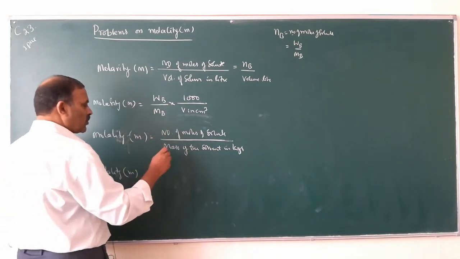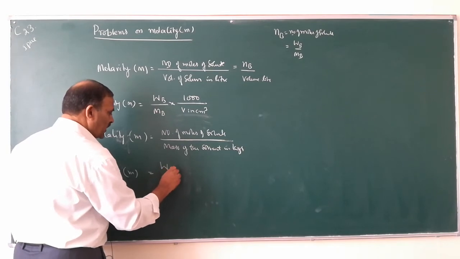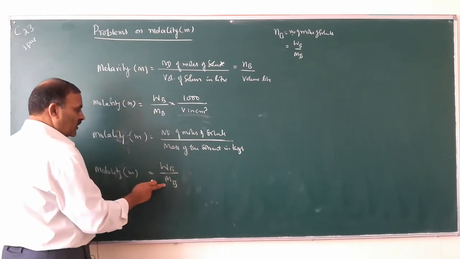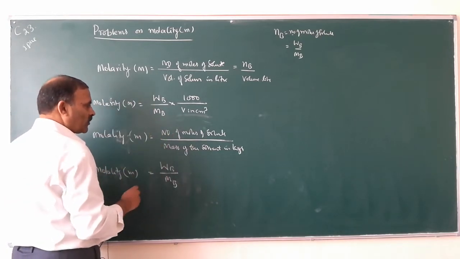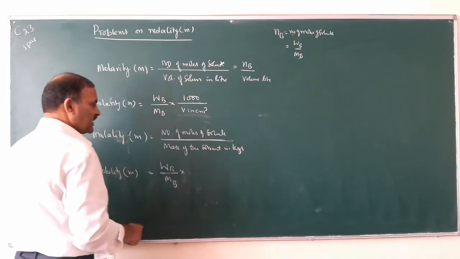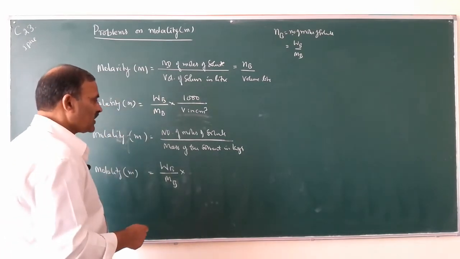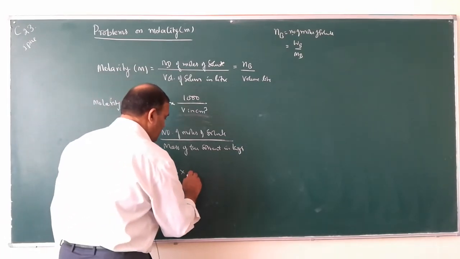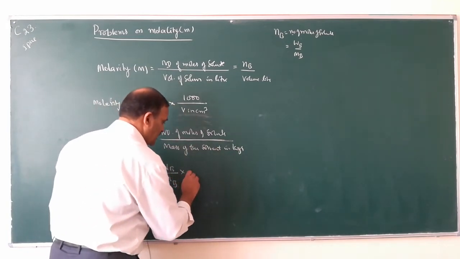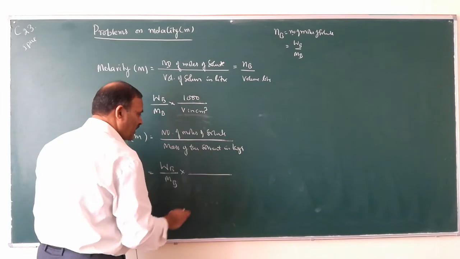Instead of number of moles of solute, I can write WB divided by MB. Weight of solute divided by molar mass gives number of moles, into mass of the solvent in kgs. So usually mass of the solvent is given in grams. It should be converted into kgs, then it should be divided by 1000.